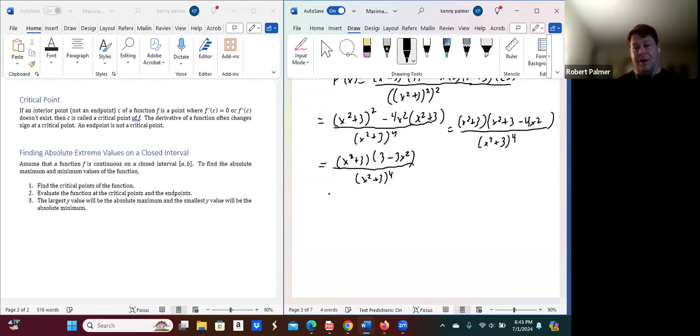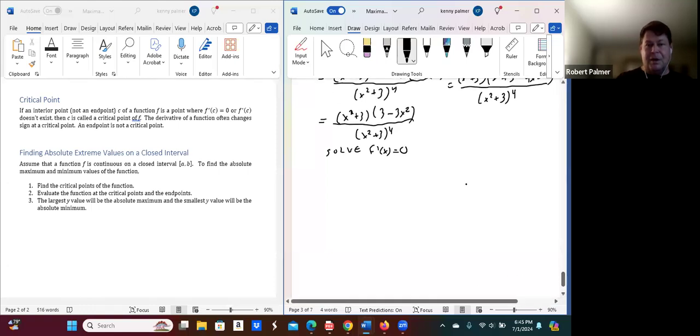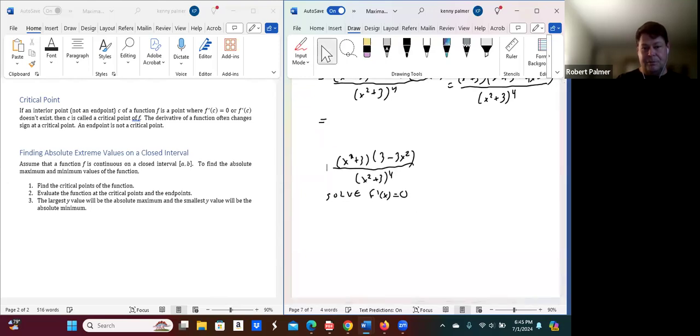Okay. Now, remember, next thing we want to solve is f prime of x equal to 0. And I actually need to check something. I need more space. Hang on.